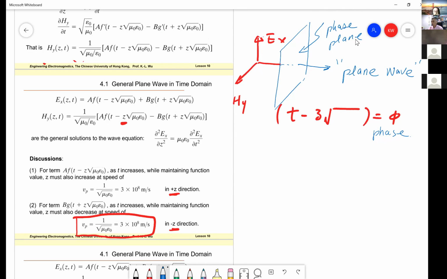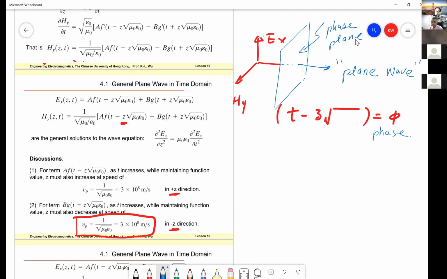Not only for the electromagnetic wave propagating in space, but also for electromagnetic waves propagating down the circuit, even in ordinary high frequency circuits, and also the wave propagating inside an IC, and the wave propagating inside fiber optics, we can represent as a kind of plane wave.